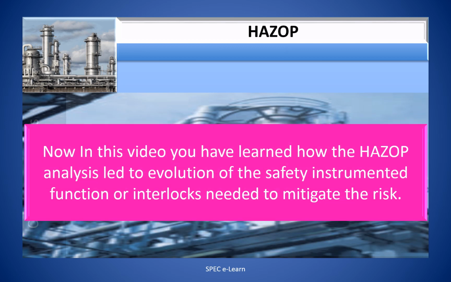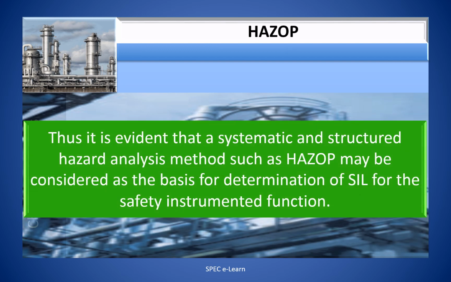Now in this video you have learned how the HAZOP analysis led to the evolution of the safety instrumented function or interlock needed to mitigate the risk. Thus, it is evident that a systematic and structured hazard analysis method such as HAZOP may be considered as the basis for determination of SIL for the safety instrumented function.